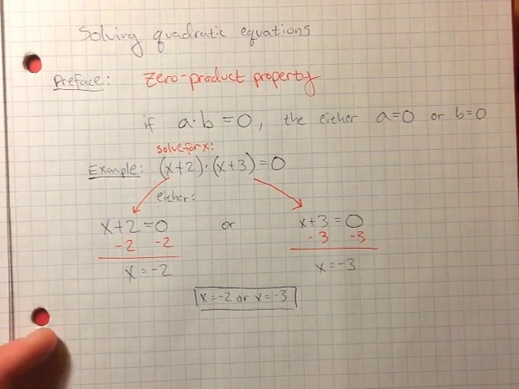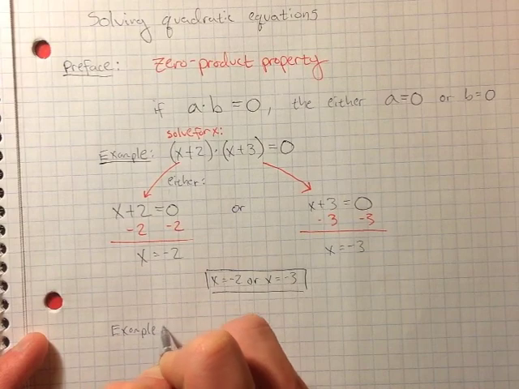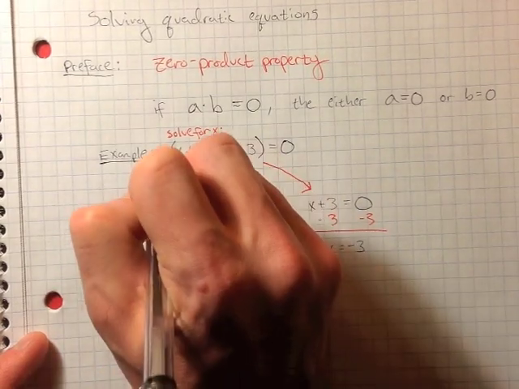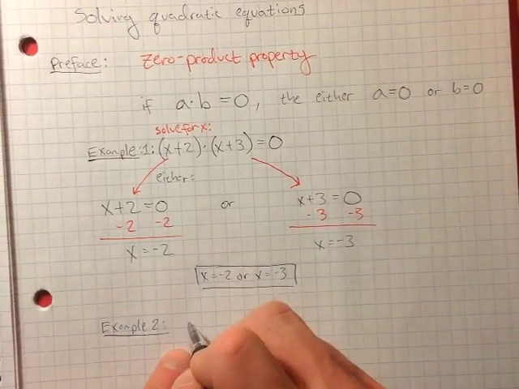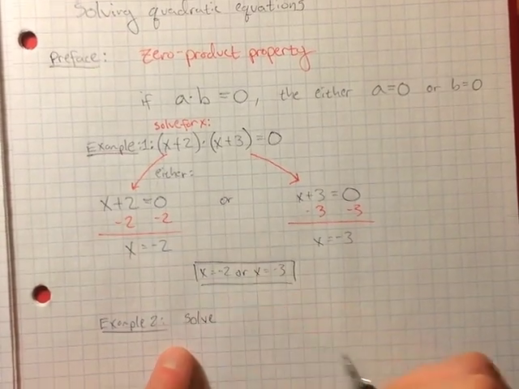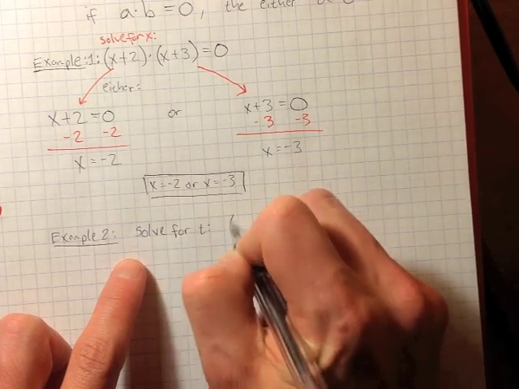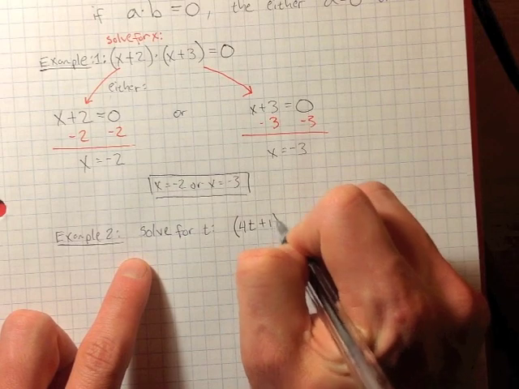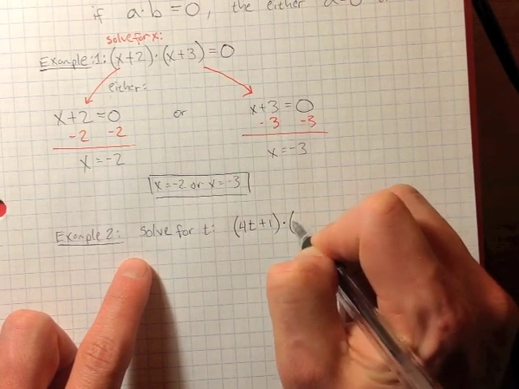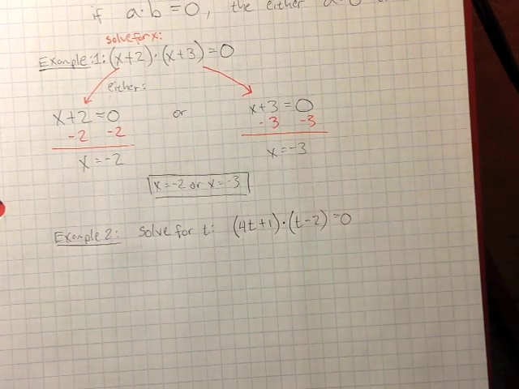Let's take a look at another example of that. So example 2. This was example 1, of course. What if I ask you to solve this equation? Solve for t. Now in parentheses, 4 times t plus 1, times, in parentheses, t minus 2 equals 0.